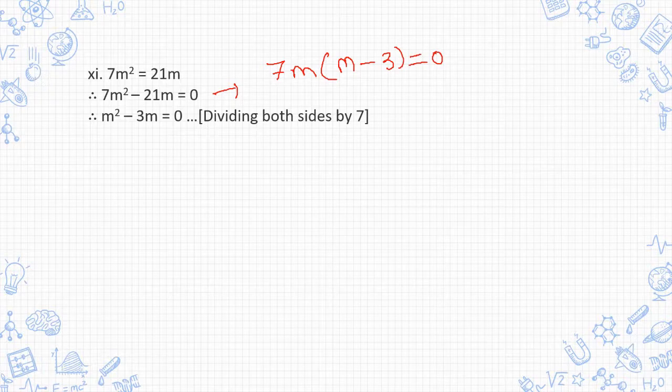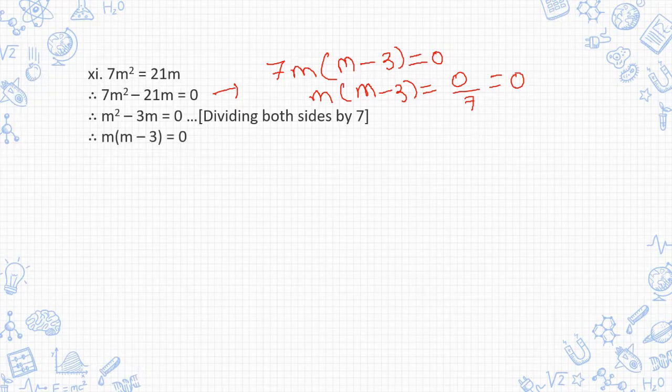Okay, now if I take this 7 on the other side, it will get divided by 0. So you have 7m in the bracket m minus 3 equal to 0 divided by 7, which is 0 itself.